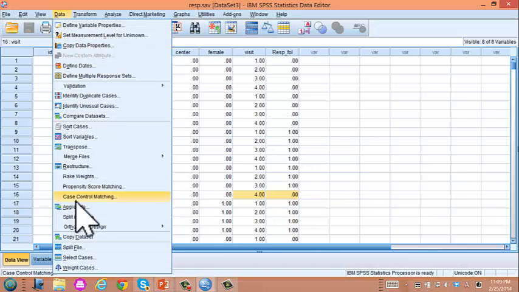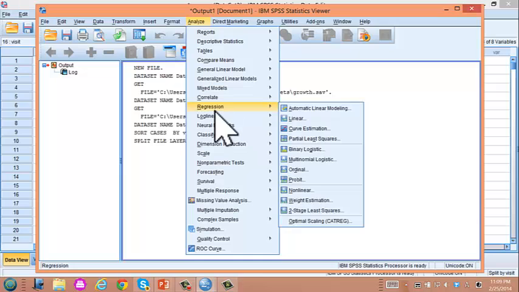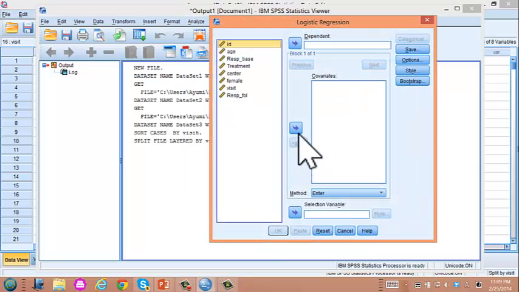So first you split the data by visit, and then perform binary logistic regression, not the GEE in this case, because within each split data there is no repeat.